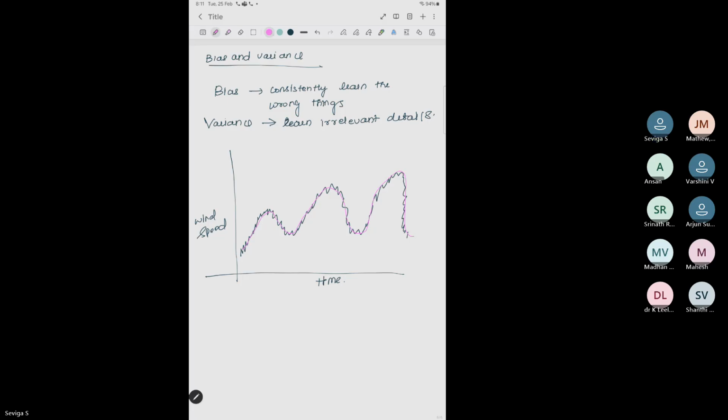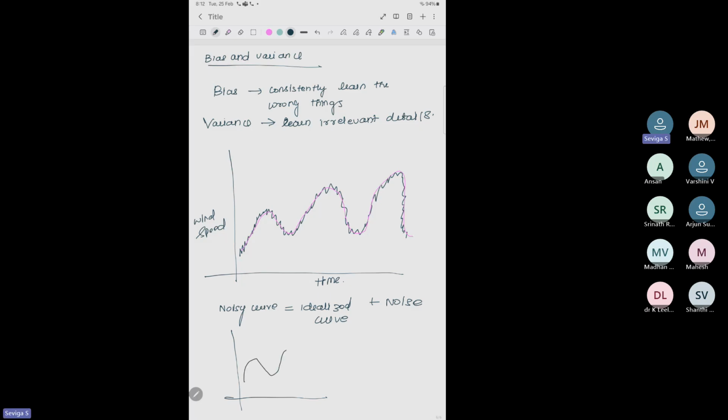So we can call this noisy curve an idealized curve plus noise. We have an idealized curve like this, plus some noise factor. These two together form this curve.